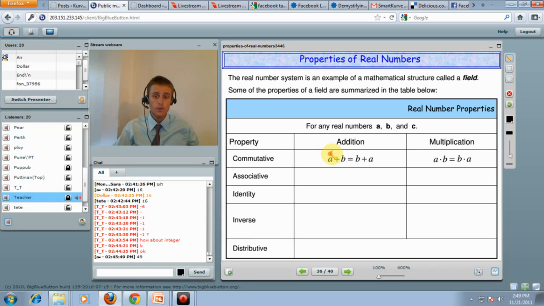If A is 2 and B is 1, 2 plus 1 equals 1 plus 2. It is the same for multiplication. If A is 2 and B is 1, 2 multiplied by 1 equals 1 multiplied by 2.